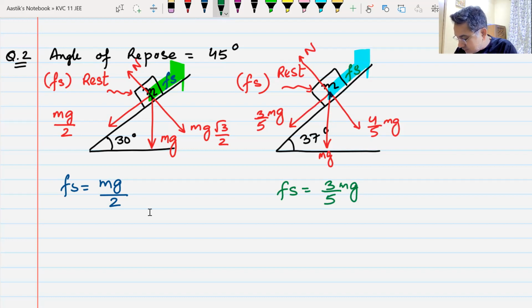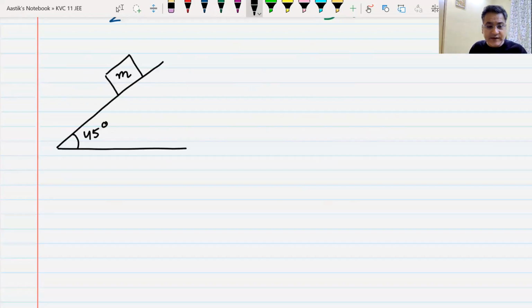Is everyone understanding this, or is this going above our head? Same question, angle has been changed. We are doing the experiment. Again, the same thing. What is the condition of this block? What type of friction? What is the value of friction? Sir, kinetic friction.